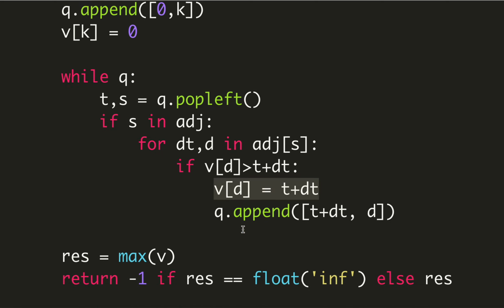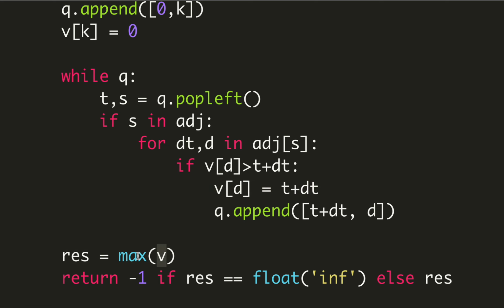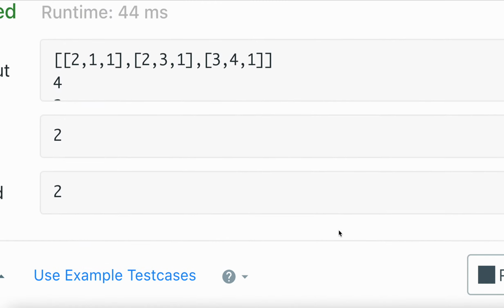Then finally, in our visited, whatever is the maximum number available, that we will return. And if the maximum number is infinity, then we should return -1, because we did not reach one of the nodes. We should be able to reach all the nodes, only then will we return the result. So let's try to run this program.